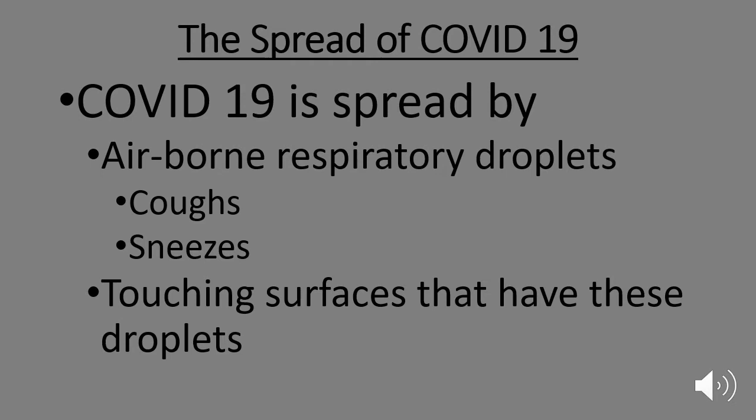When you sneeze, these respiratory droplets come out of your mucous membranes, your nose or your mouth, and they get aerosolized and become airborne, or they land on surfaces like counters or chairs, couches, stuff like that. That's why airborne respiratory droplets can spread COVID-19, because they can be breathed in by others, or by touching surfaces like countertops, couches, stuff like that. That's how it's also spread. If you cough into your hand and then touch something, that also spreads it.